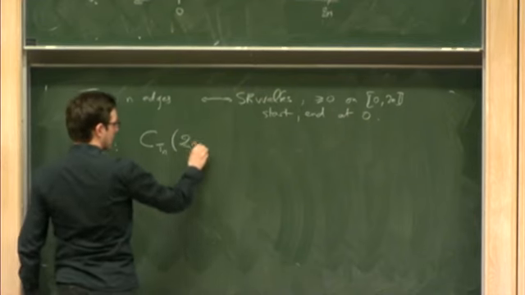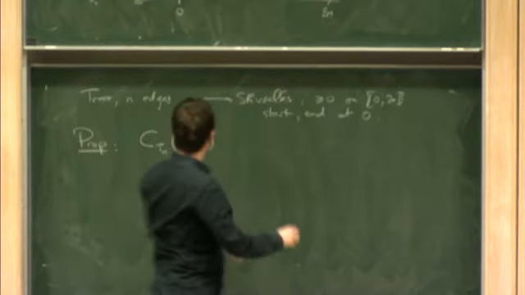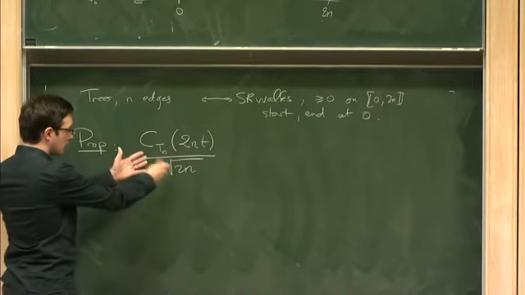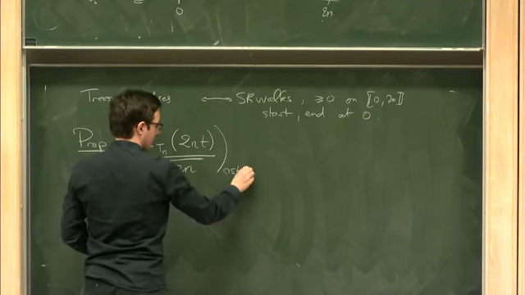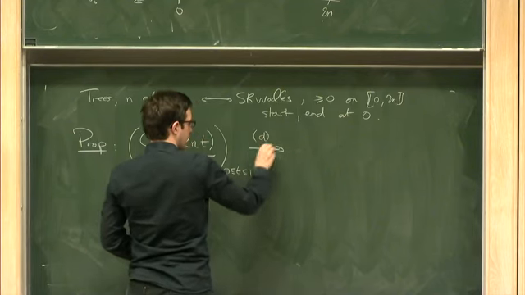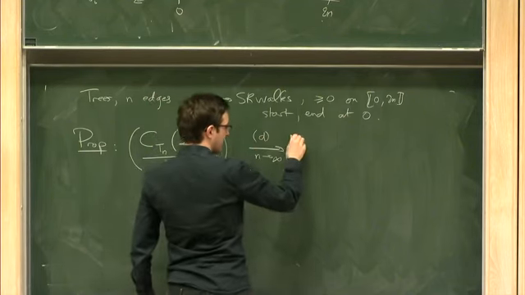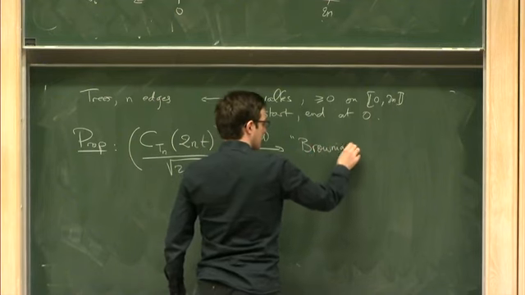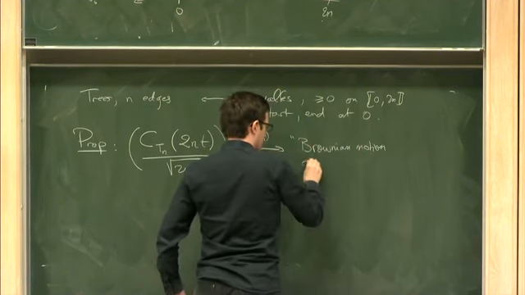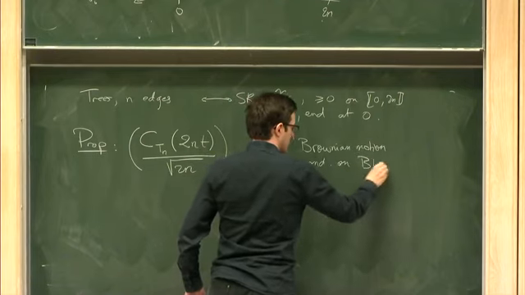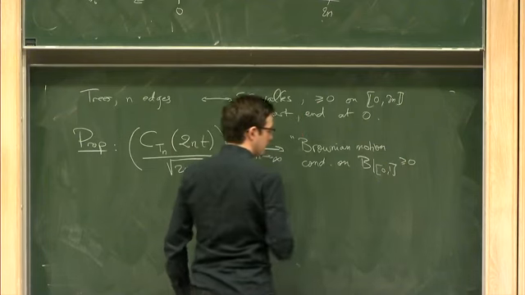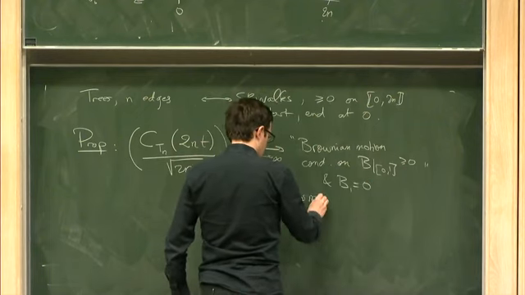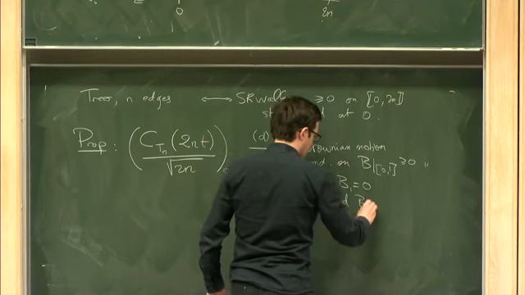So if you rescale in time by the length of the path, which is 2n, and rescale in space by the square root, so it's really the Gaussian or diffusive scaling, then this converges in distribution as n goes to infinity to a limiting process, which is called the normalized Brownian excursion. It's Brownian motion conditioned on b restricted to [0,1] being non-negative, and b1 equal to 0.